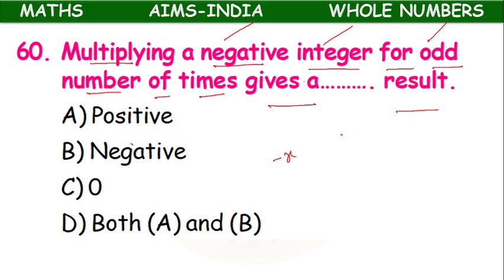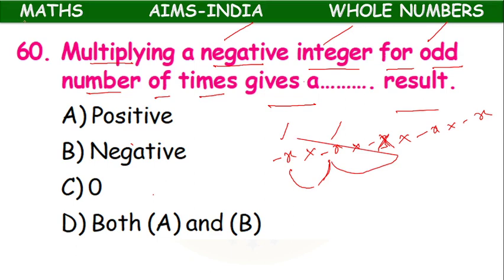An odd number of times means 1 time, 2 times, 3 times, 4 times, 5 times.